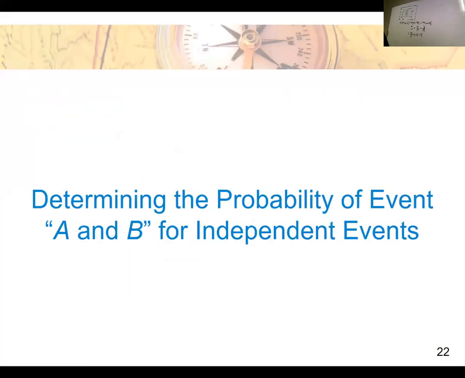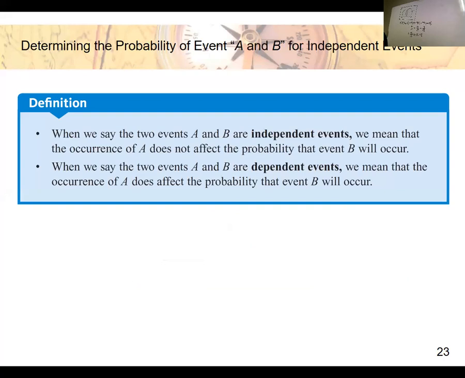Let's look at events A and B for independent events. All right, now, what do we mean by independent events and what do we mean by dependent events? When we say 2 events, A and B, are independent, we mean that the occurrence of A does not affect the probability that event B will occur.